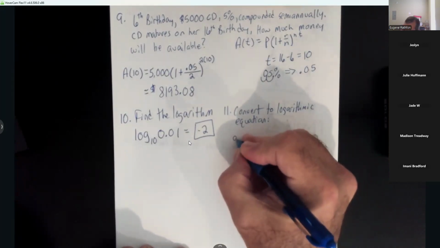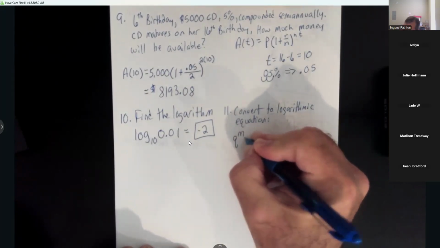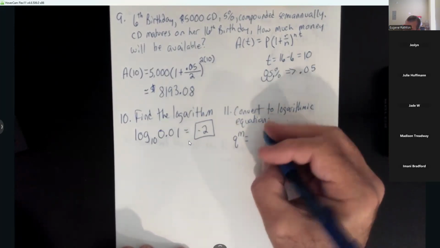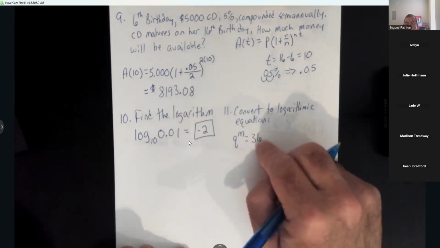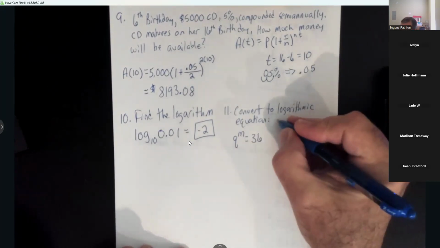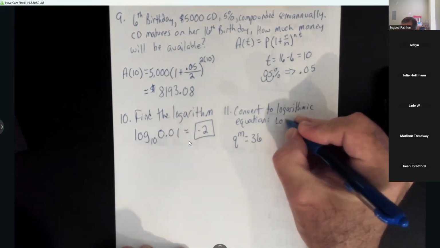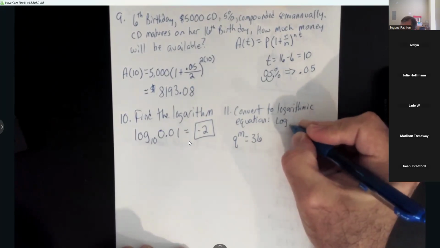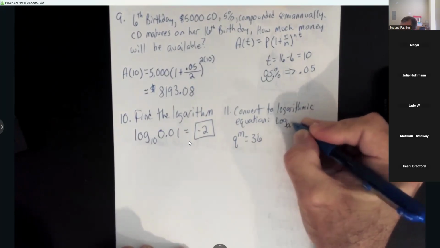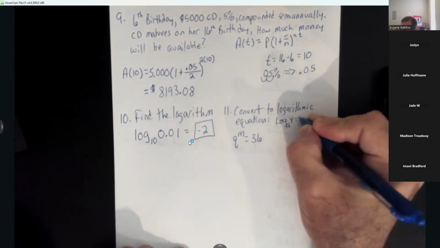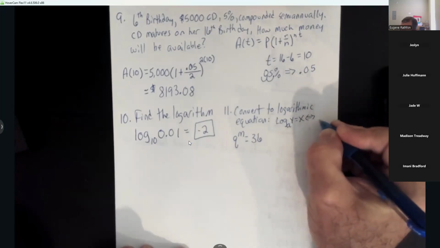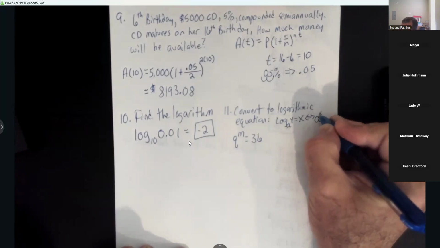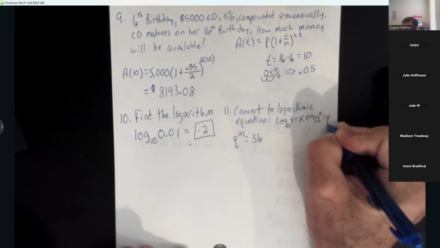And they're giving me Q to the M equals 36. Okay, so this is where I'm doing this kind of stuff. Log base A of y equals x if and only if A to the x equals y.